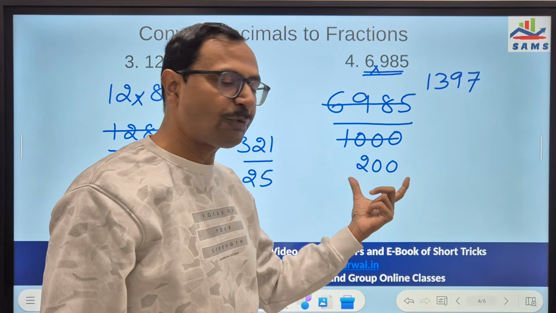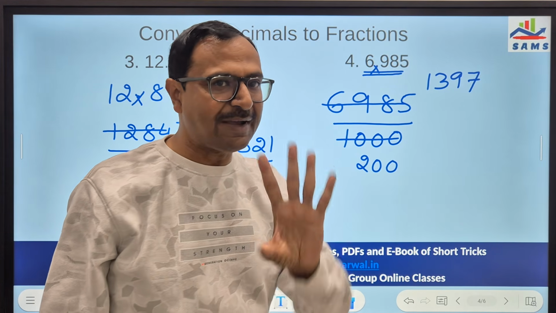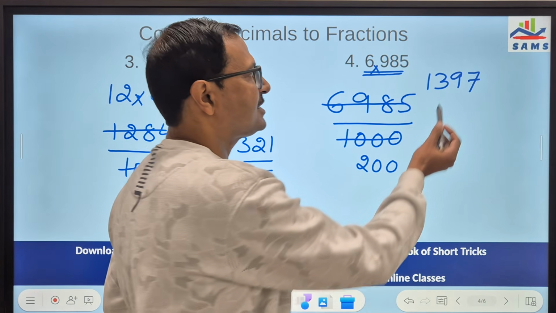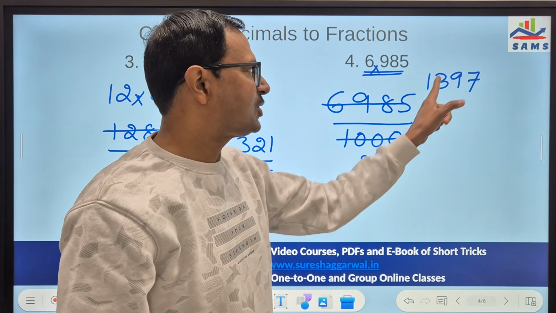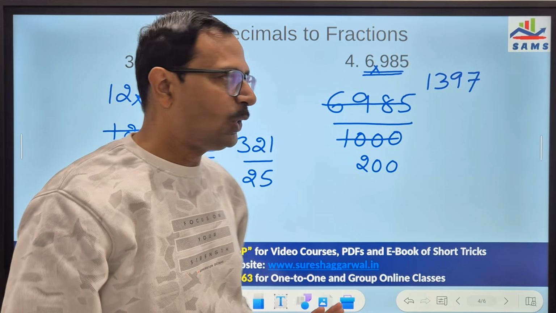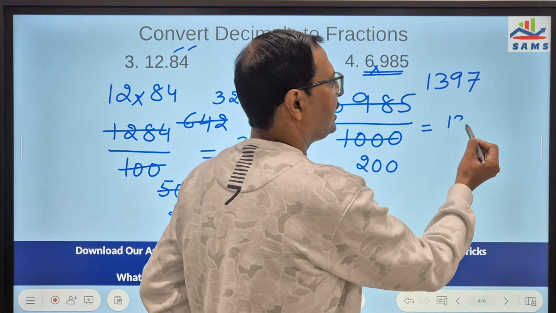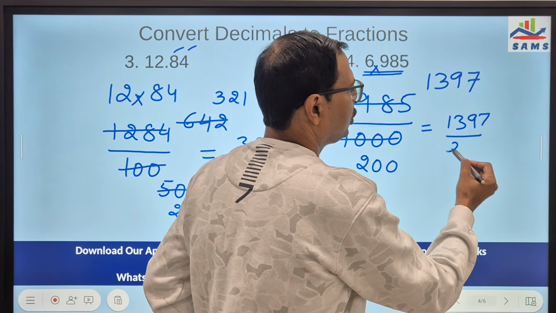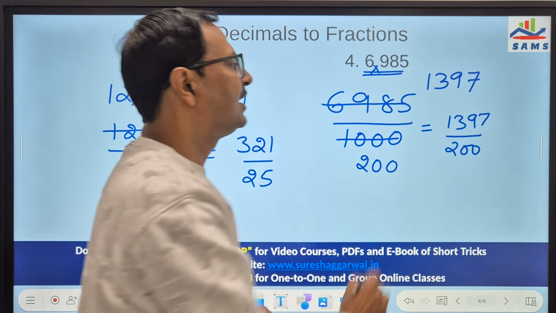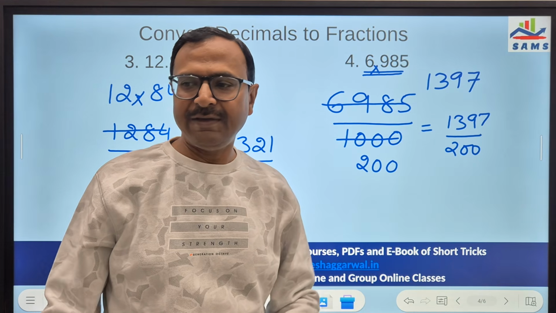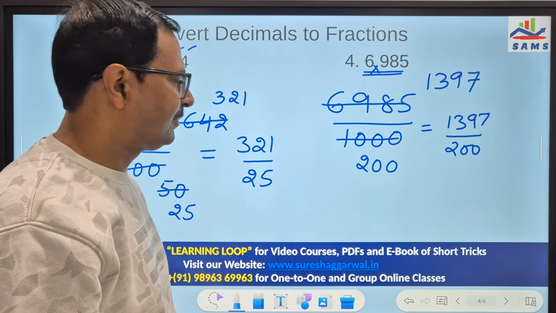If you make factors of 200, you will have 2's and 5's in it, but this is not divisible by 2 and this is not divisible by 5 also, so you will not have any other common factor, and the answer will be 1397 upon 200. So if you divide this, you will get 6.985 as the answer for the question.